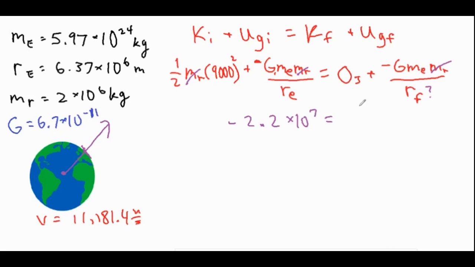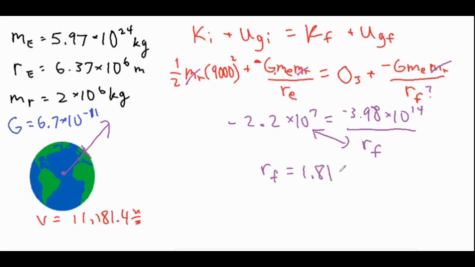And then on this side, we have negative G times mass of the Earth. So we have negative 3.98 times 10 to the 14th once we multiply those two, and then that's divided by the R_F. If we go ahead and cross multiply these two, then our final R_F value comes out to 1.81 times 10 to the 7th meters.